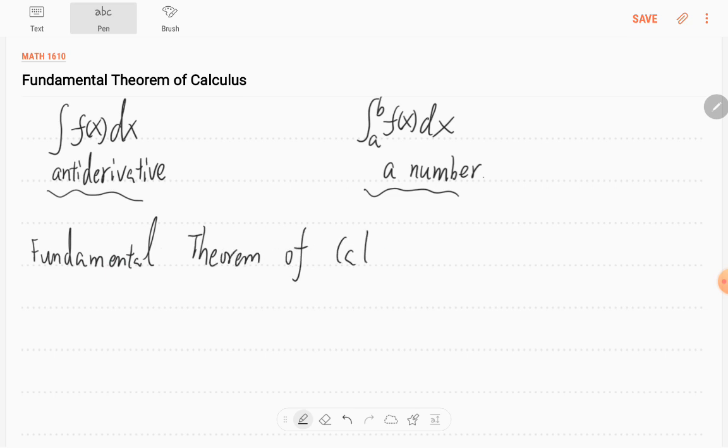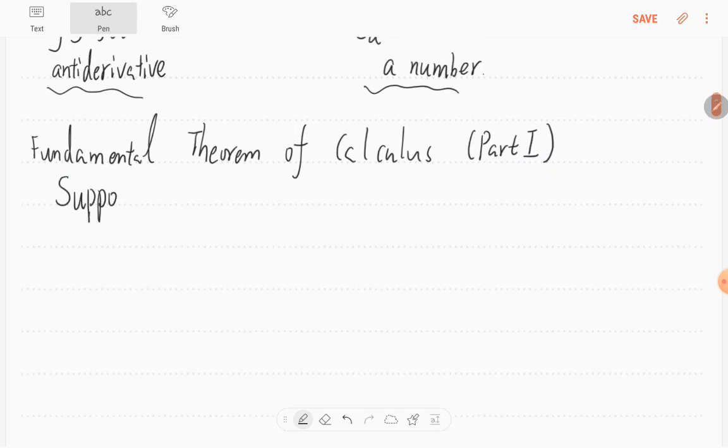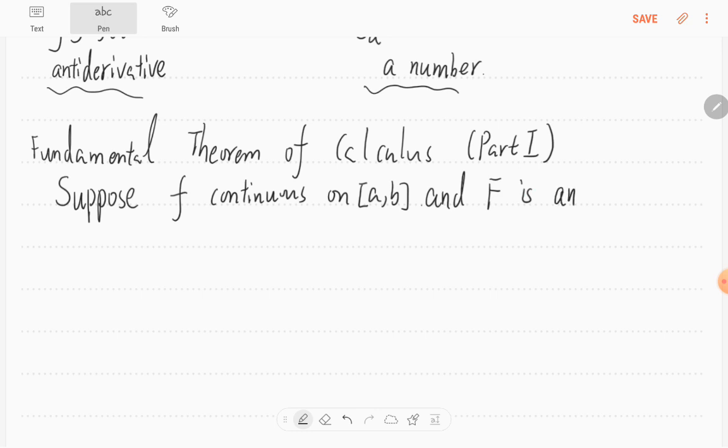We actually have two parts for the fundamental theorem of calculus. Part 1 says, suppose lowercase f is continuous on the closed interval from a to b, and capital F is one antiderivative of this lowercase f on this interval [a, b].